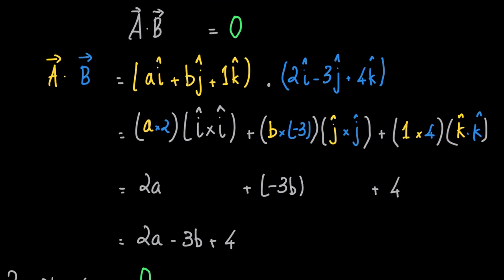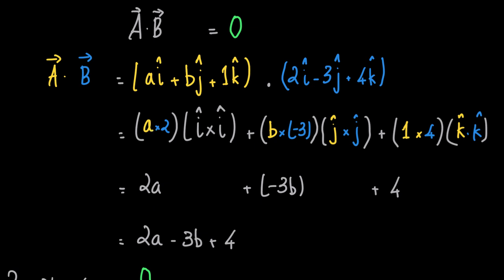So we have A dot B equal to 0. What is A dot B? It is vector A dot vector B, which is a i dot 2i, a into 2 times i dot i, plus b j dot 3j, b into minus 3, plus 1k dot 4k, which is 1 into 4. i dot i, j dot j, k dot k is 1.